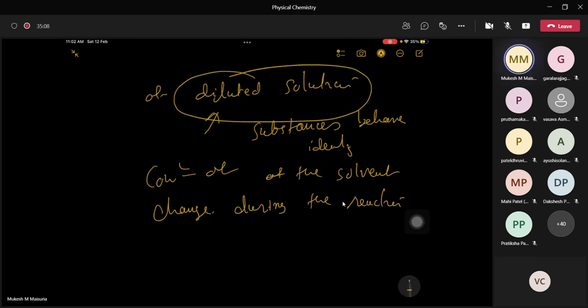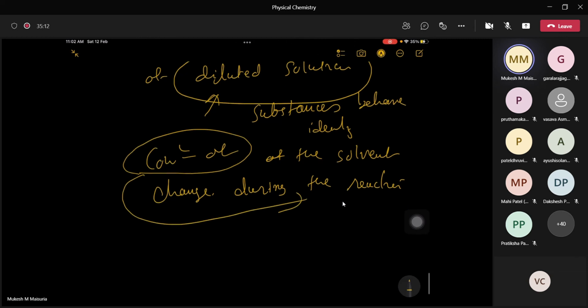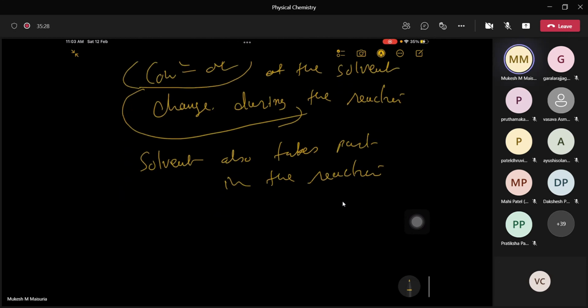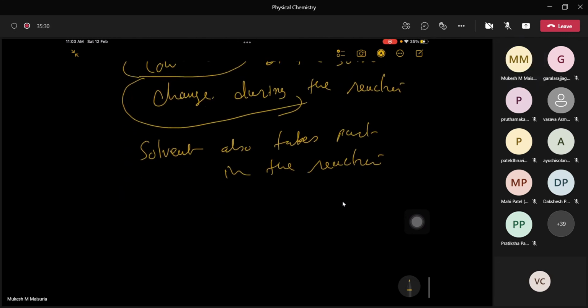If the concentration of the solvent changes during the reaction, we can say that the solvent also takes part in the reaction.